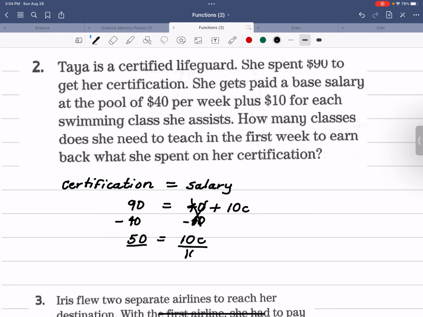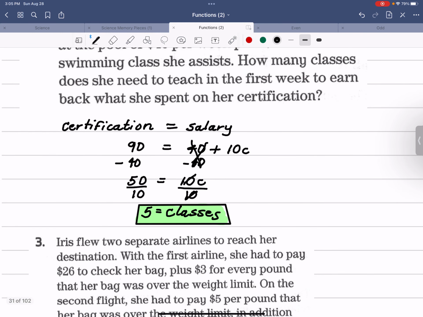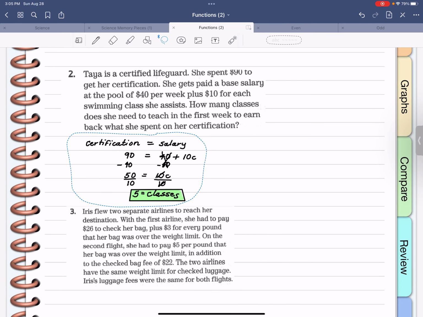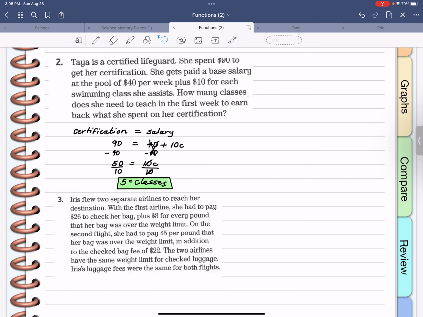And that means that she's going to have to help with 10 classes to break even, in other words, to recover the $90 that she spent to become certified. Then after she breaks even, anything she makes will be profit. So this was not a system. It was just an equation that we needed to set up and solve. You could do it as a system, I guess, but there's no need to.